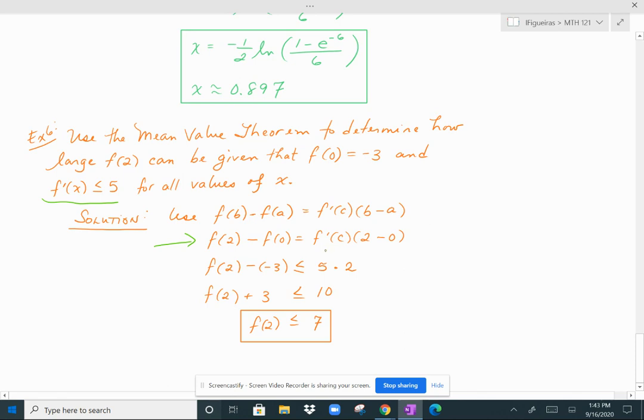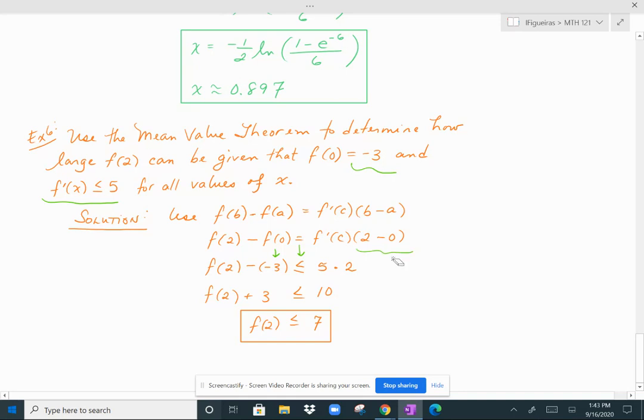But I know that this value is less than or equal to 5. So my equation will become an inequality. So I have f of 2 minus, now remember f of 0 is negative 3, so I replace that here. So f of 2 minus negative 3 is less than or equal to, and then f prime of c is 5 times, and this one is just 2.